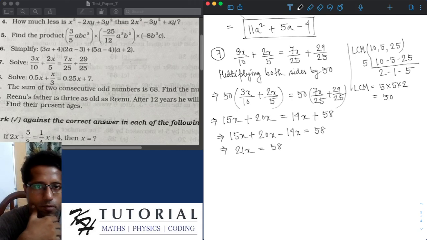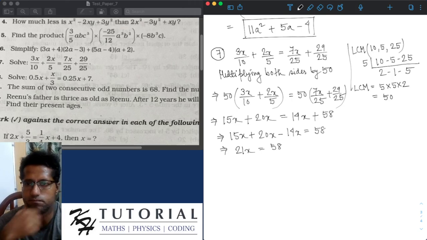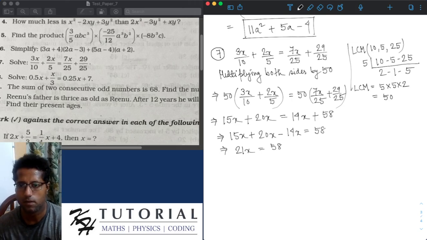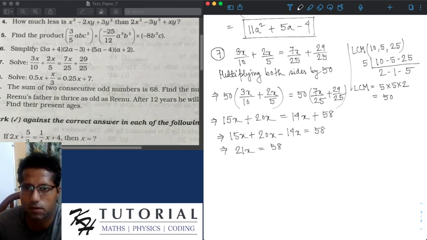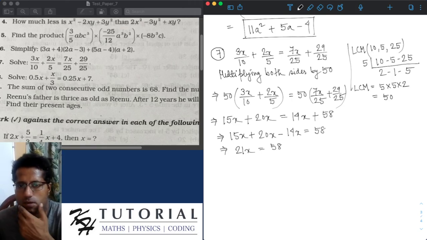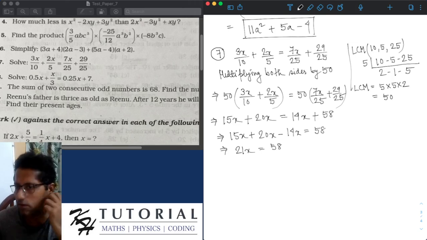It is not dividing properly. Let me check if I did any calculation mistake or not. So for 7x by 25 and 29 by 25 along with the others, the LCM of 10, 5 and 25 is 50.